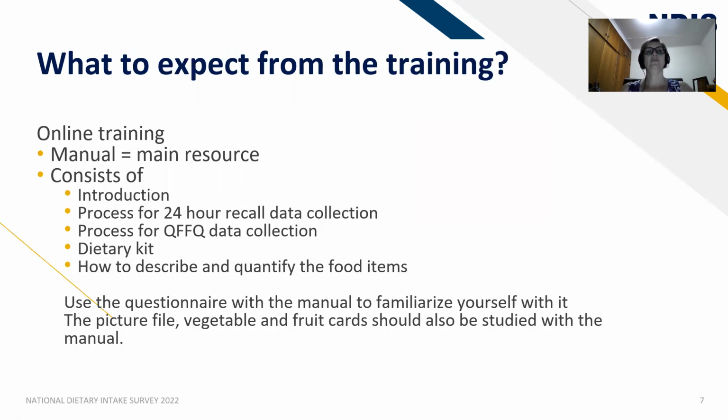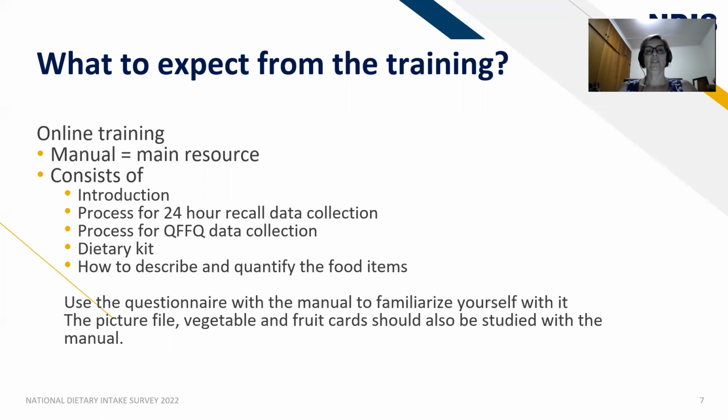So what to expect from your training? As I've mentioned earlier, the manual is your main resource. There's a lot of information on the interview, how to go through the 24-hour recall, how to collect that data, your process for the QFFQ data collection, the dietary kit, and how to describe and quantify the food items.